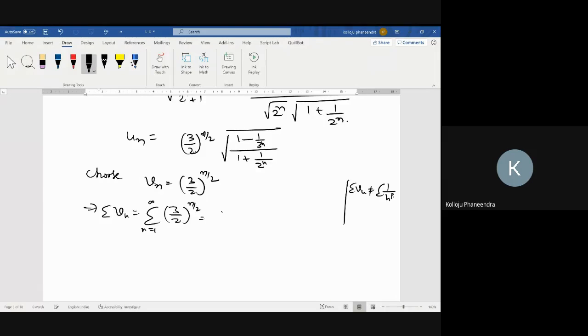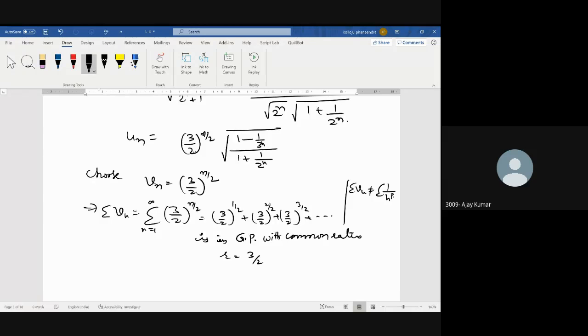Let me expand this. Put n equal to 1, 3 by 2 whole power 1 by 2. N equal to 2, 3 by 2 whole power 2 by 2. N equal to 3, this is 3 by 2, and so on. What is the series? It is a GP, isn't it? With the common ratio, what is the common ratio R? I think 3 by 2.